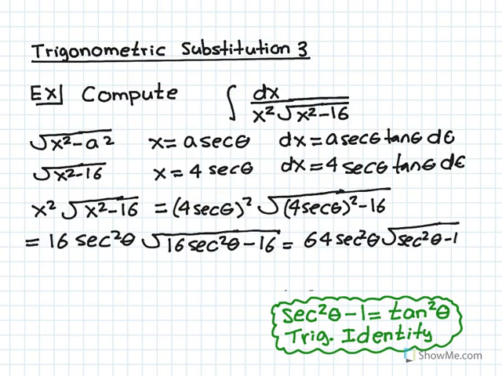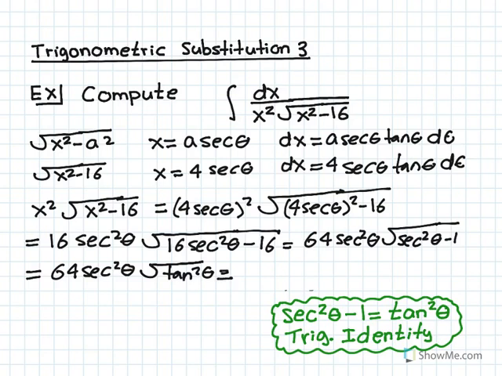minus 1. But root of sec squared theta minus 1 is just going to be root of tan squared theta, because of a trig identity: tan squared theta is equal to sec squared theta minus 1. So we get 64 sec squared theta root of tan squared theta.